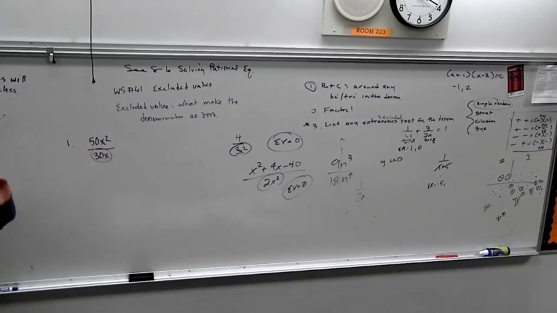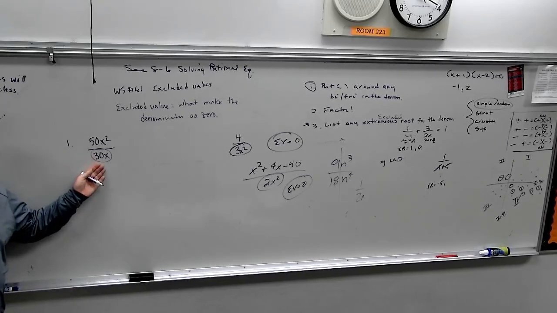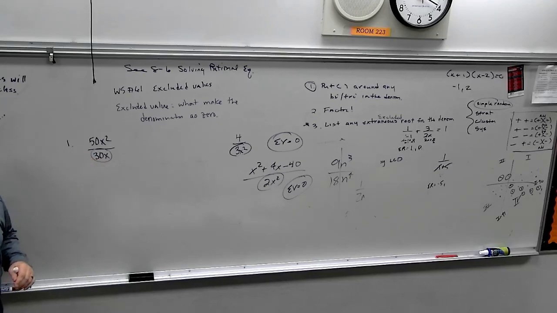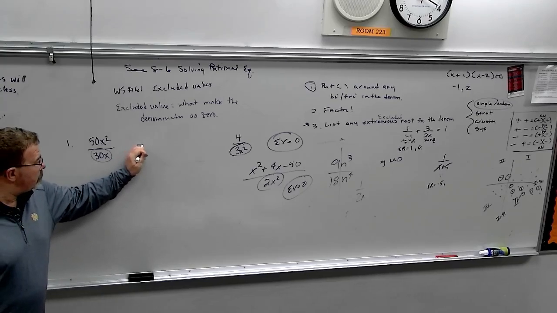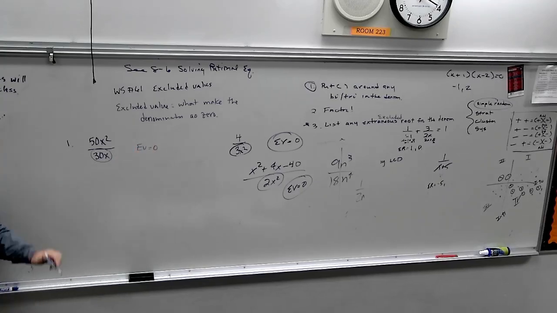That's all you care about. I don't care what's on the top. Monomial, binomial, or trinomial? Monomial. So what's your excluded value? 0. There you go. Your answer is EV equals 0. Just abbreviate it like I do: excluded value equals 0. See, when there's a monomial, it's always 0. You don't even have to think about it.